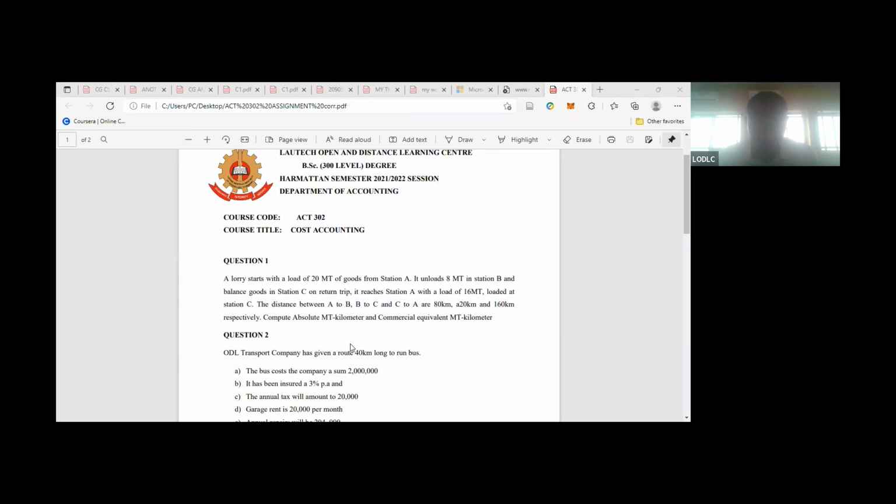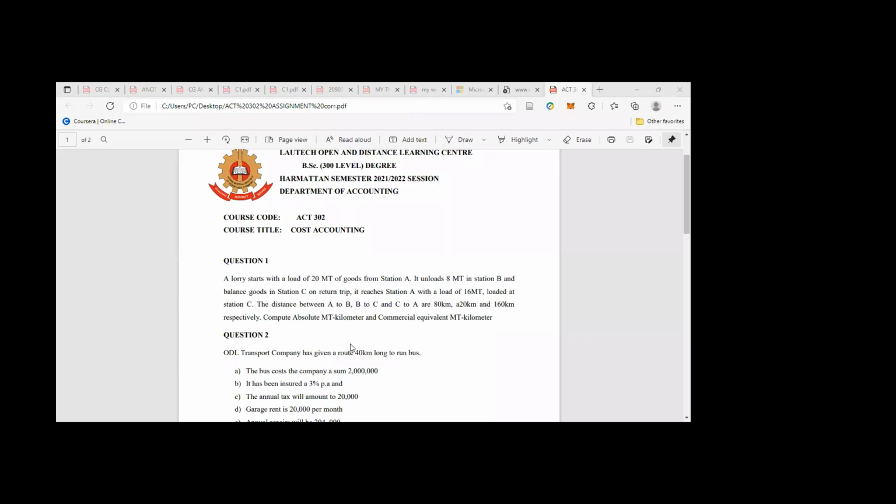Let me check it here and I will share it so everybody will be on the same page. What is not clear there? Is it 20 kilometers?